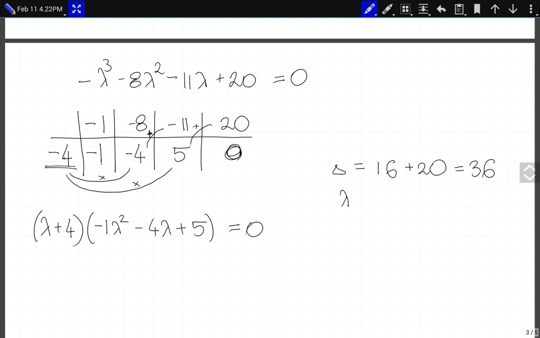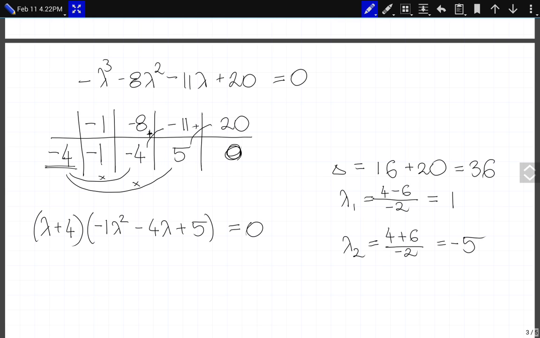So lambda 1 will be 4 minus the square root of delta, which is 6, over 2a, which is minus 2. And that gives us 1. And then our second lambda is 4 plus 6 over minus 2, which is minus 5.